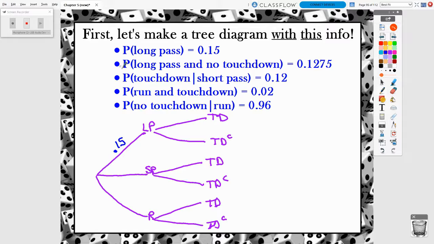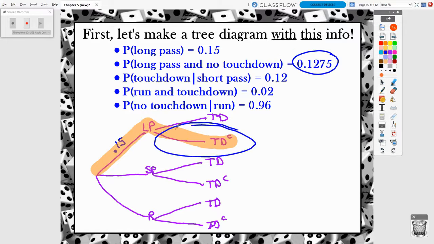All right, probability of a long pass and no touchdown. Well, that's two things happening back to back. That is a long pass and not scoring a touchdown. So don't be tempted. This is where people will go, oh, that 12.75%, that belongs right there. And I would say, no, no, no, no, no. This is a singular event. This represents not scoring a touchdown, given that they did a long pass play.